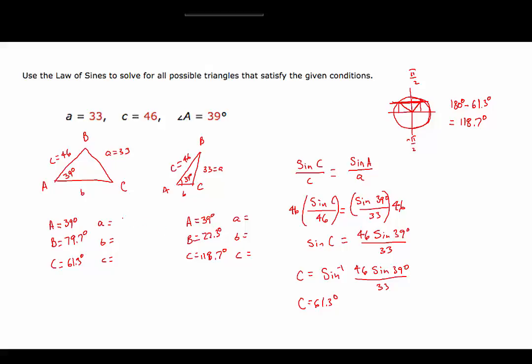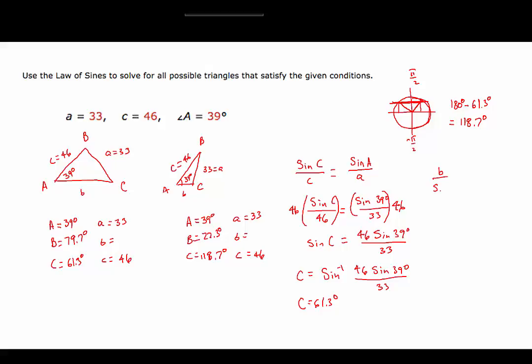Now we'll fill in the rest. We know that side A is 33 and side C is 46. And that'll be in both triangles because that's given. And then the only thing left to find will be side B, which we can use the law of sines again to find.